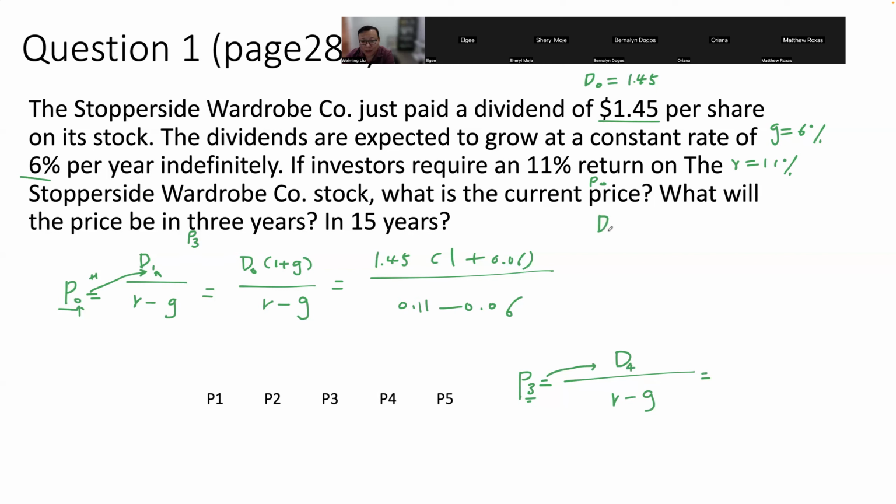D1 equals D0 times 1 plus G, right? And D2 equals D1 times 1 plus G, which also equals D0 times 1 plus G squared. So now you tell me what's D4.